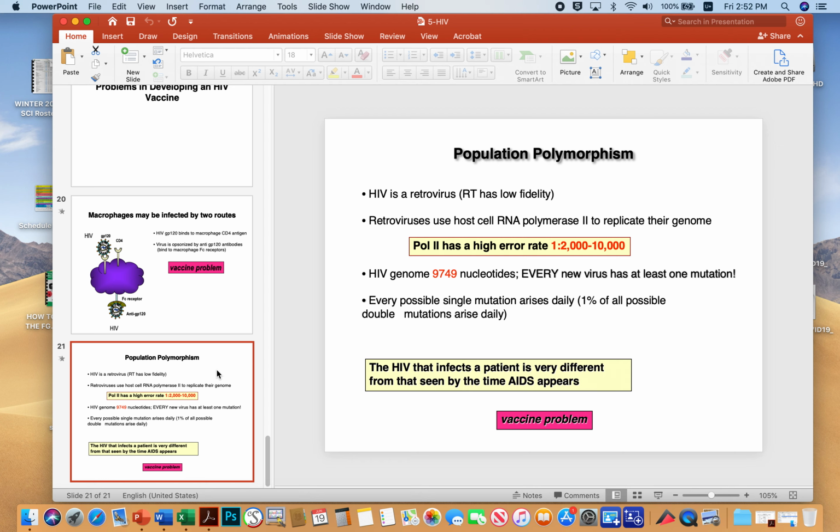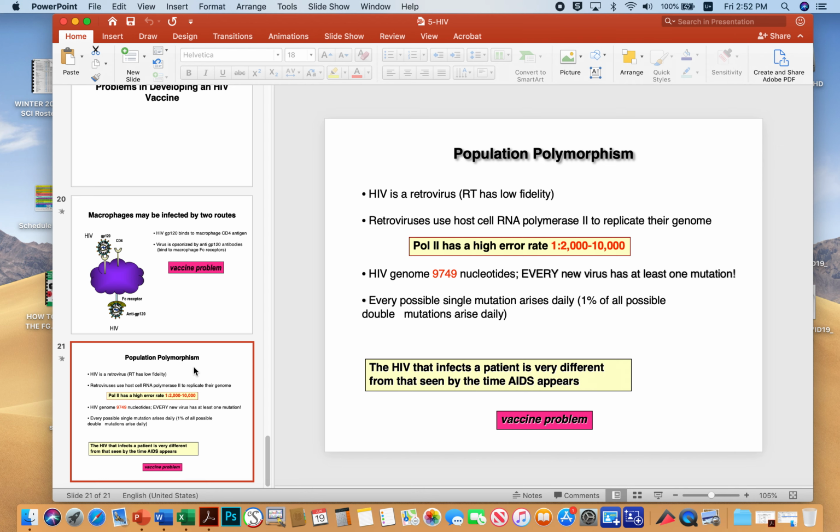So some of the reasons for population polymorphism include the fact that HIV is a retrovirus, and that its reverse transcriptase is really low fidelity, meaning it purposefully seems to be designed to make mistakes. The funny thing is that most of those mutant progeny will go extinct. They won't be able to infect anything subsequently because their RNA is so badly mutated.